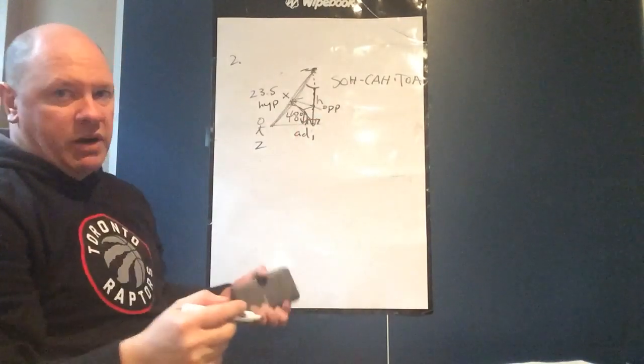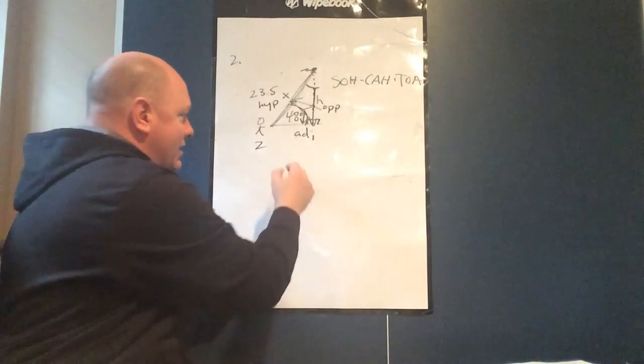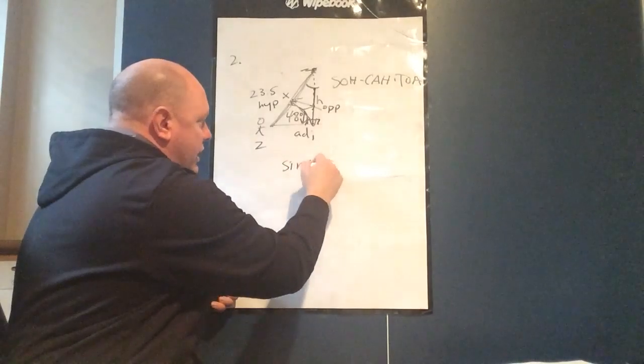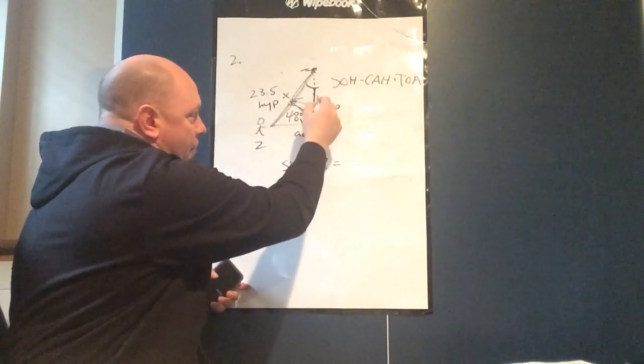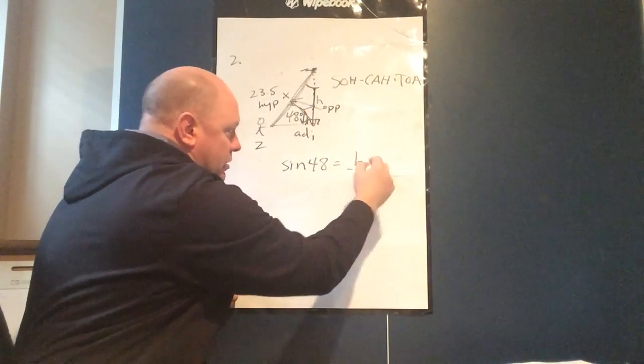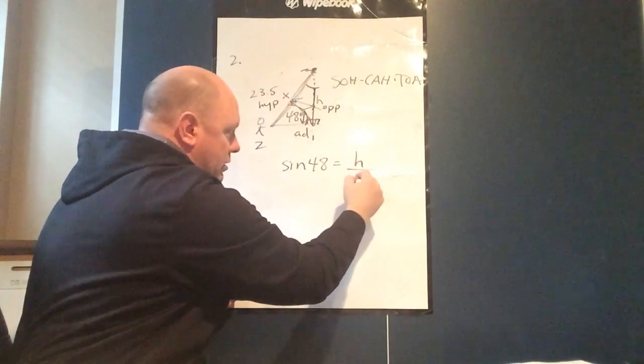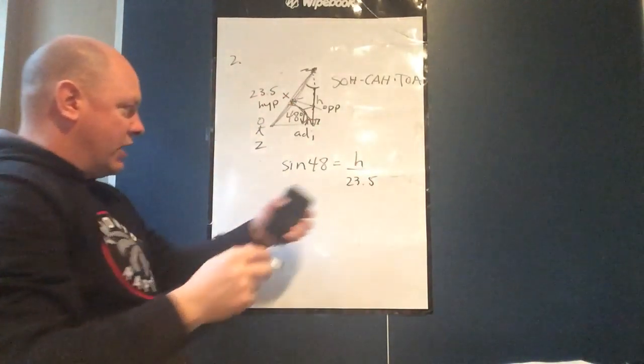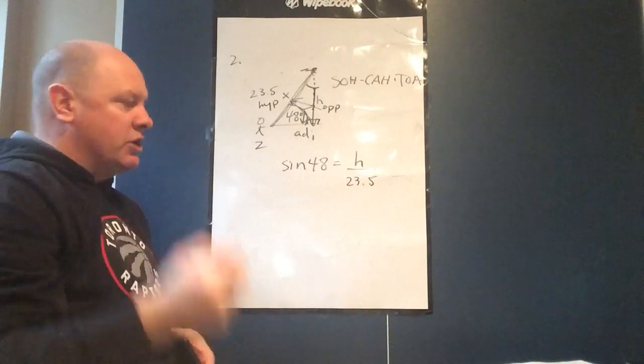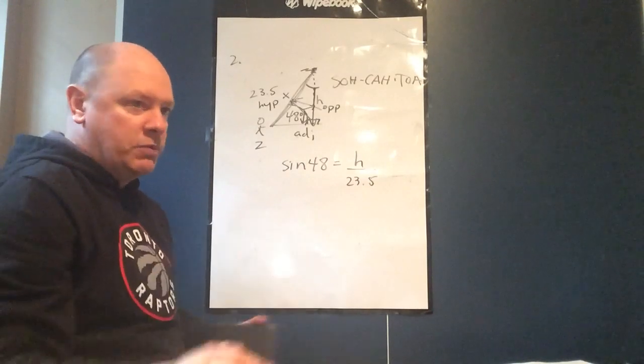So using my trig ratios, I can take sine 48 equals my opposite, which is my height, over 23.5. And it's great because the variable's on the top. Once the variable's on the top, I can multiply.